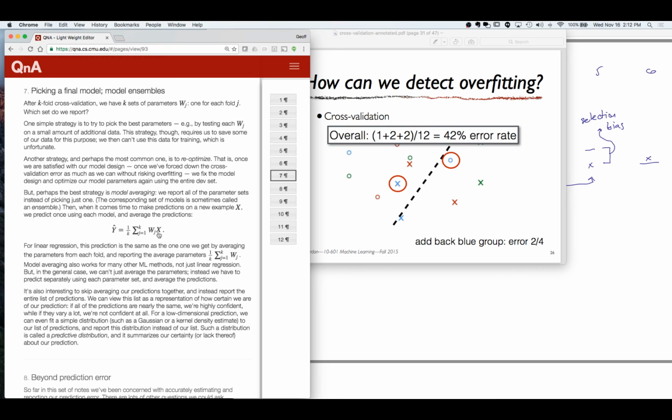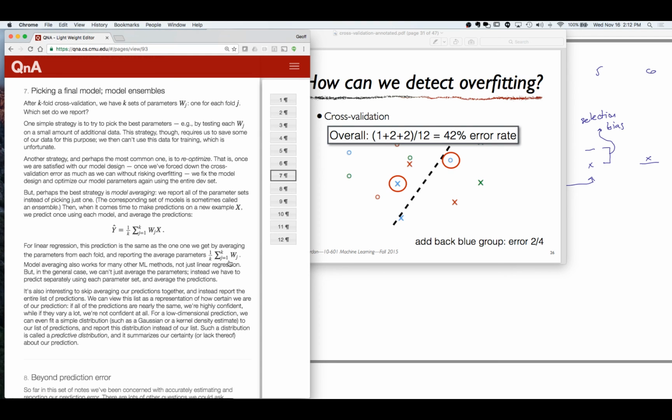And in linear regression, the prediction of model j is w_j times x on example x, and if we average that, that's 1 over k times the sum of all of the w_j x's. And if we just put the parentheses in a different place, right, that means that we could have gotten away with just reporting the average value of the model parameters. But that's not what I mean by model averaging.